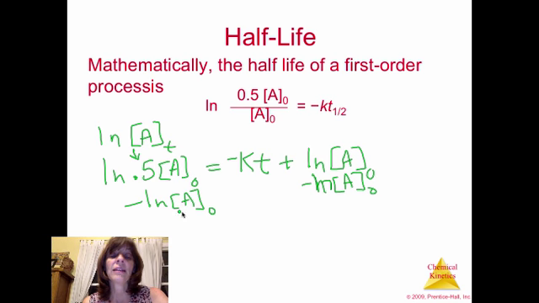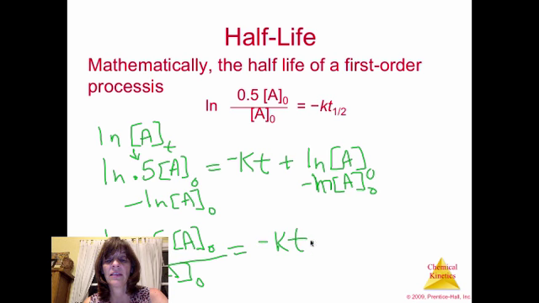Now when you subtract natural logs, one way to simplify that is just take the natural log of the divisor. So 0.5 A0 divided by A at time 0, and that will equal negative kt.